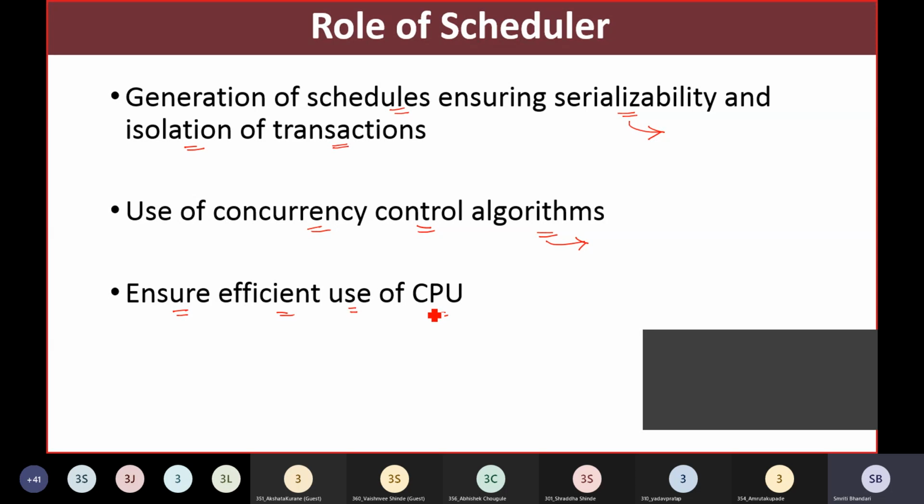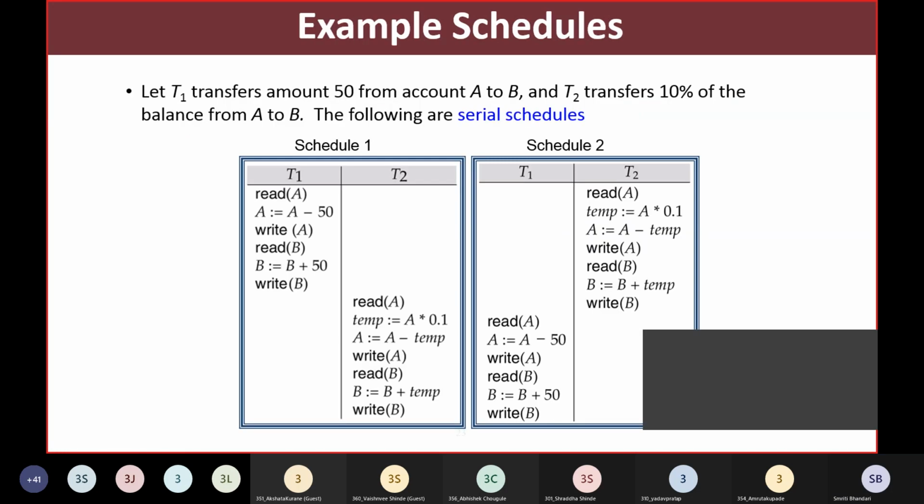Secondly, to use the concurrency control algorithms to come up with the schedules. And third, to ensure the efficient use of CPU so that high throughput can be ensured. Right? So, let us see an example of the schedules.